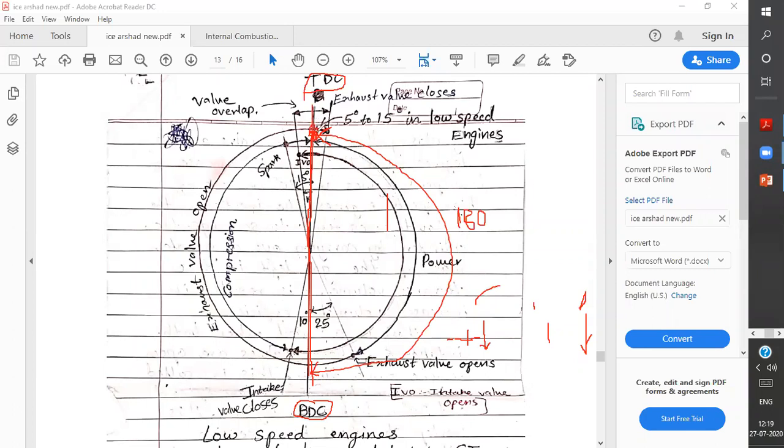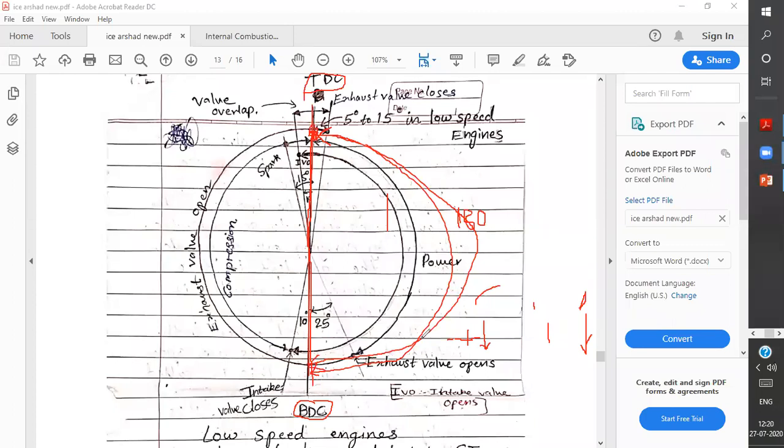So at this point only the inlet valve opens, and as soon as the inlet valve opens, the piston is trying to pull in, to suck the air fuel mixture inside the combustion chamber. Therefore the piston moves from top dead center to the bottom dead center, and the 180 degrees of crankshaft rotation is done.